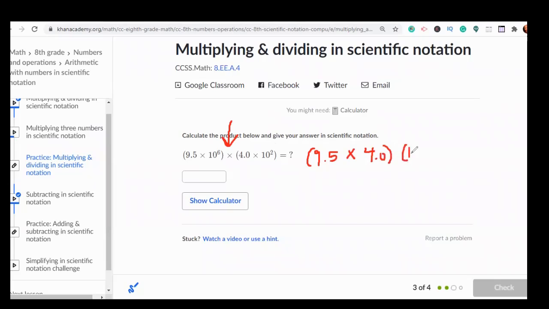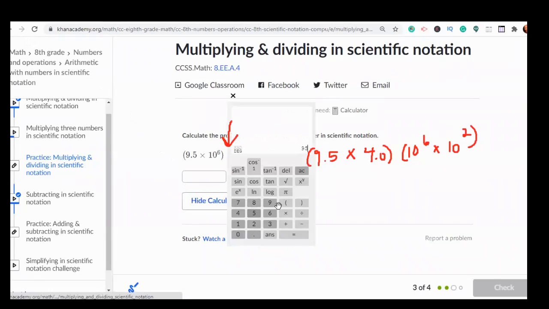And then, of course, I have the 10 to the 6th times 10 squared here, but we'll deal with that in a moment. 9.5 times 4.0, we can use our calculator here for easy calculation. Make sure you actually type it in correctly. 9.5 times 4. That gives me 38. Okay, so let me write that down as the answer to the first portion.